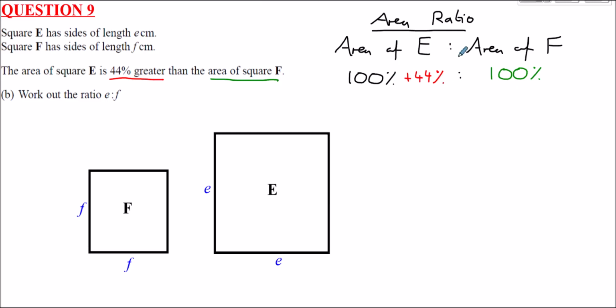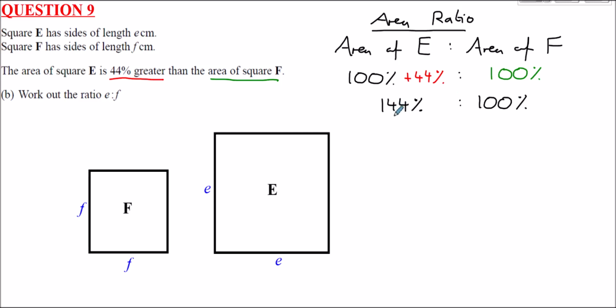So that's the area of E to the area of F, which obviously can be simplified. So 100% plus 44% gives a total of 144%. Then the area of F we can say is 100%. So relative to F, the area of E is 144% of the area of the smaller square F.